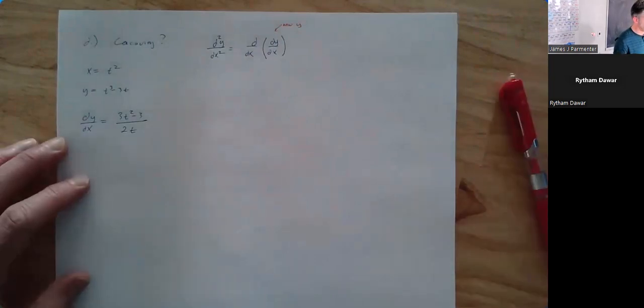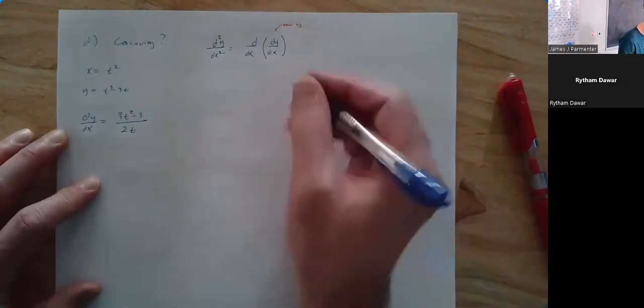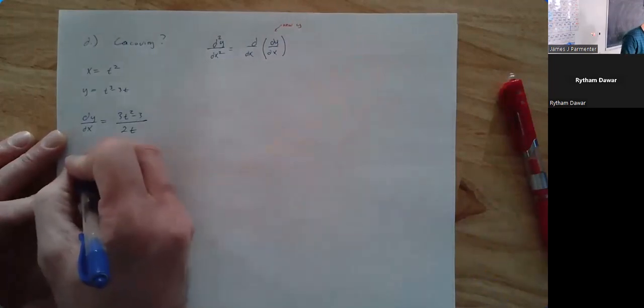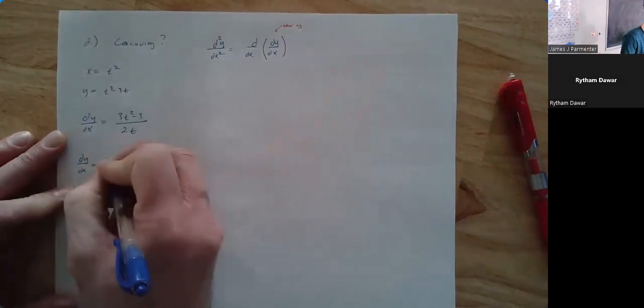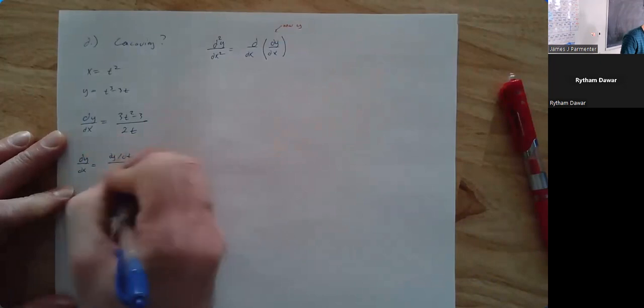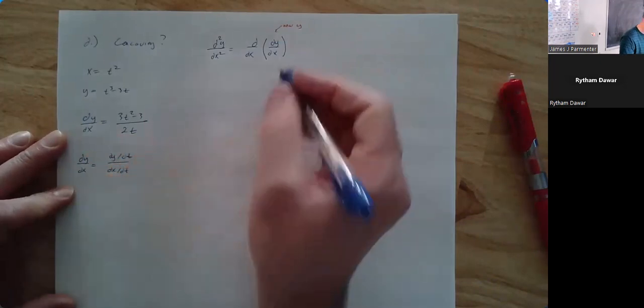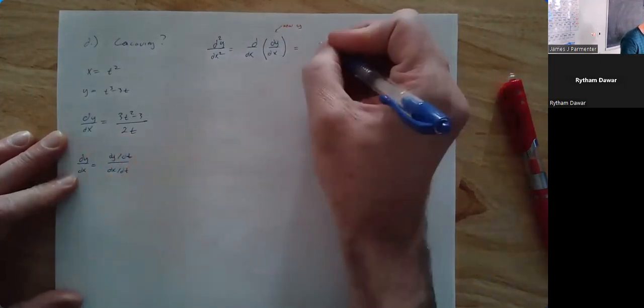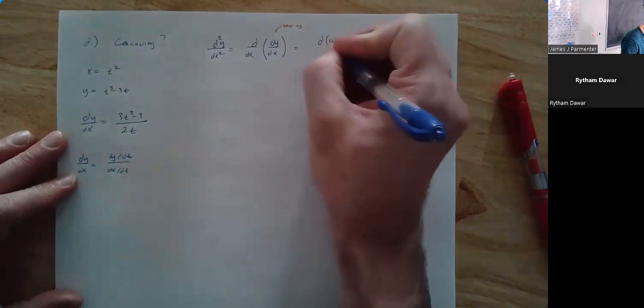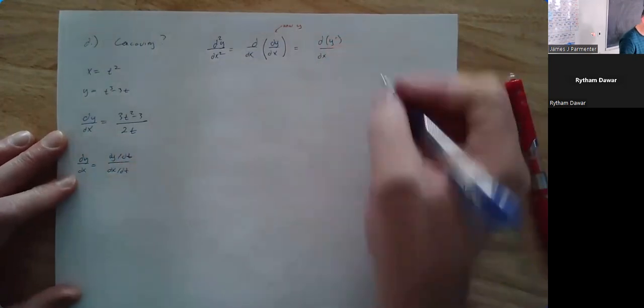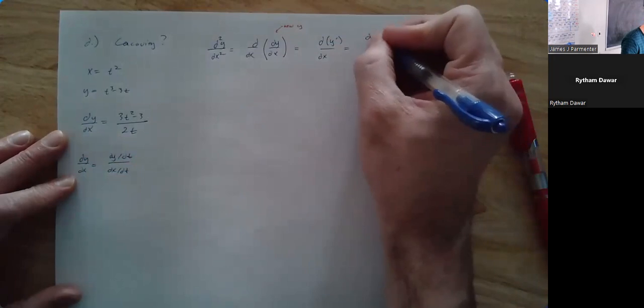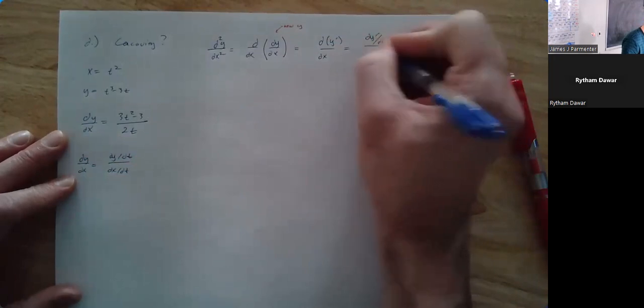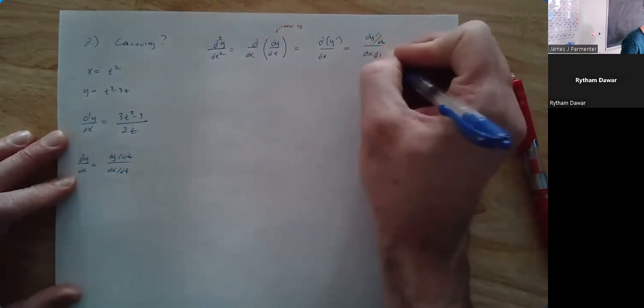So the same kind of thing that we did before works, meaning I know that dy/dx is equal to dy/dt over dx/dt. So y prime with respect to x is exactly going to be dy prime/dt over dx/dt.